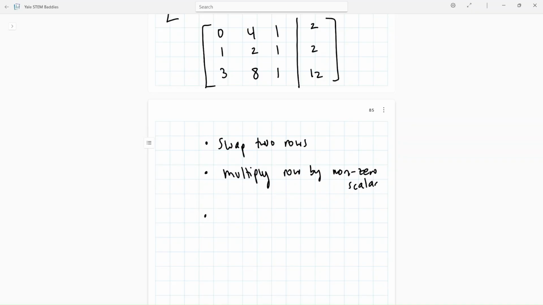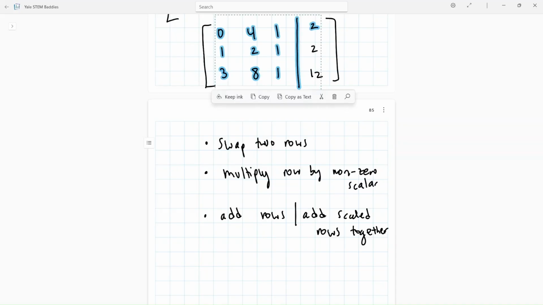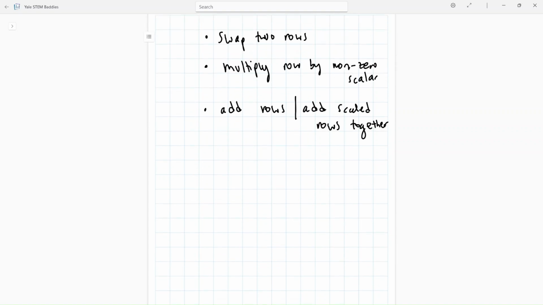And we can add rows or add scaled rows together. Those are the three operations we can do without changing the equation's solution set. So let's apply these operations to this augmented matrix here. I didn't copy the whole thing. Sorry, I think that's right.